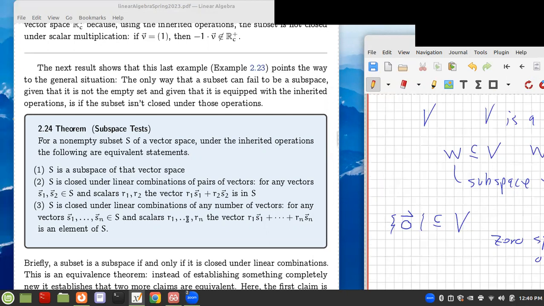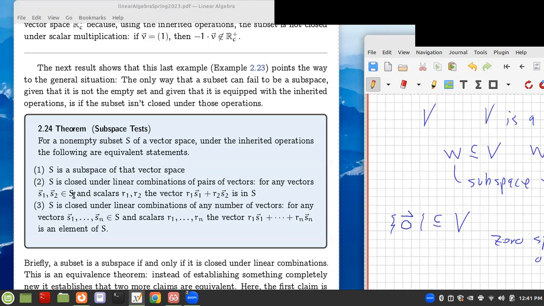Now, S is closed under linear combinations of any number of vectors. This 3 is a generalization of 2. It's a useful feature, but it's just an extension of 2. You can use 2 to show that 3 is true. The crucial thing is to show that 1 and 2 are equivalent, because then we have a test.